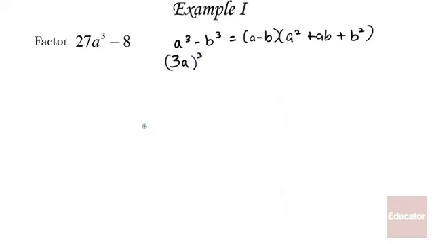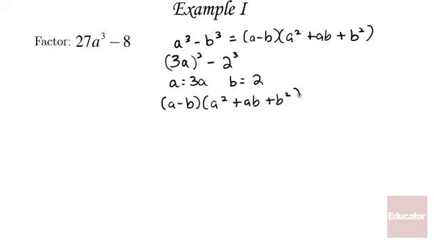The cube root of 8 is 2. Therefore, what I have in here is a, and what I have right here is b. And sometimes it helps to actually write these out instead of doing it in your head, just to keep everything straight. So since I know that a is 3a and b equals 2, I just have to substitute here to factor. So a minus b, I'm going to rewrite it down here, a squared plus ab plus b squared.